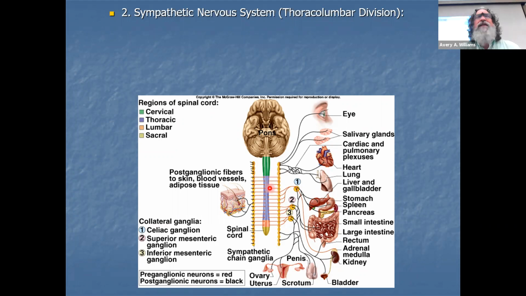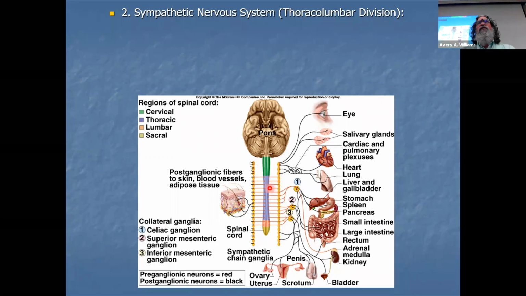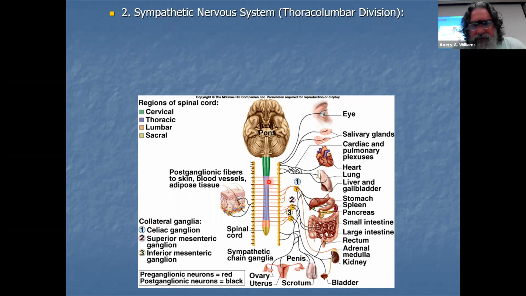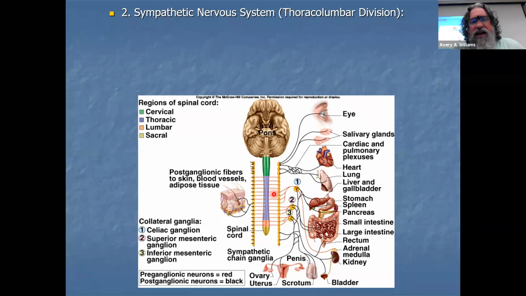So remember we talked about the spinal nerve, the rami, the roots of the spinal nerve, dorsal ramus, ventral ramus, and the communicating rami. These are the communicating rami coming out right here. They're very short, and they connect to these ganglia.